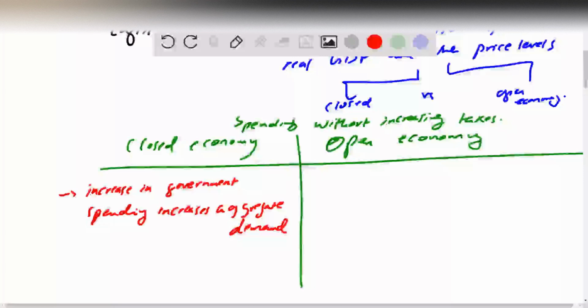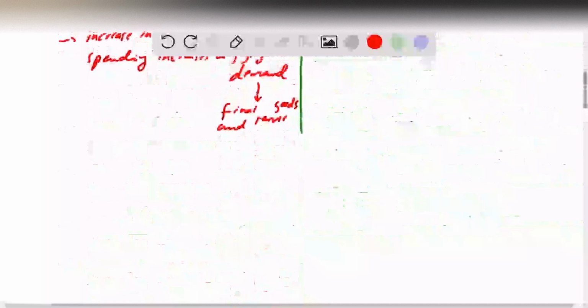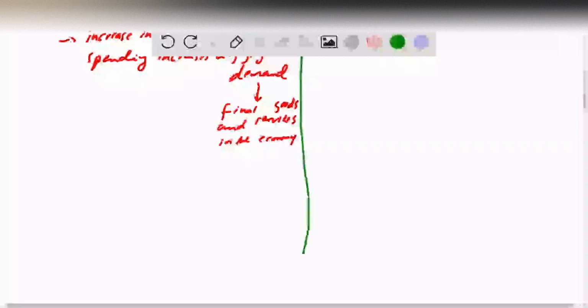When you think about aggregate demand, it's pretty much the demand that you get from final goods and services in the economy. That's the aggregate demand when you think about it.